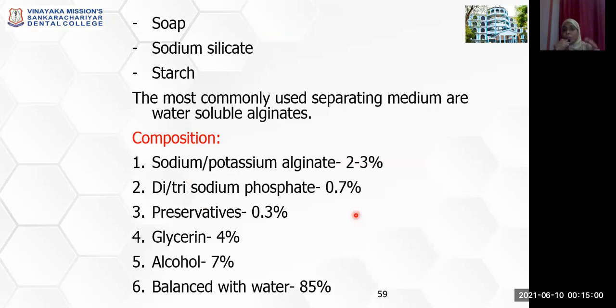The most commonly used separating medium is soluble alginate, which is sodium alginate or potassium alginate. It also has certain preservatives, glycerin, alcohol, and it's balanced with water.